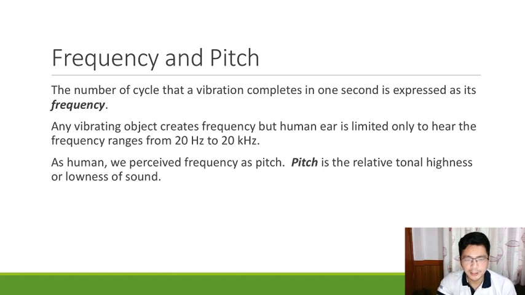So any vibrating object creates frequency, but human ear is limited only to hearing the range of 20 Hz to 20 kHz. So ang sabi, lahat daw, any vibrating object, yan daw ay may frequency. So kahit ako mismo halimbawa, mag-vibrate ako dito, I have a frequency.